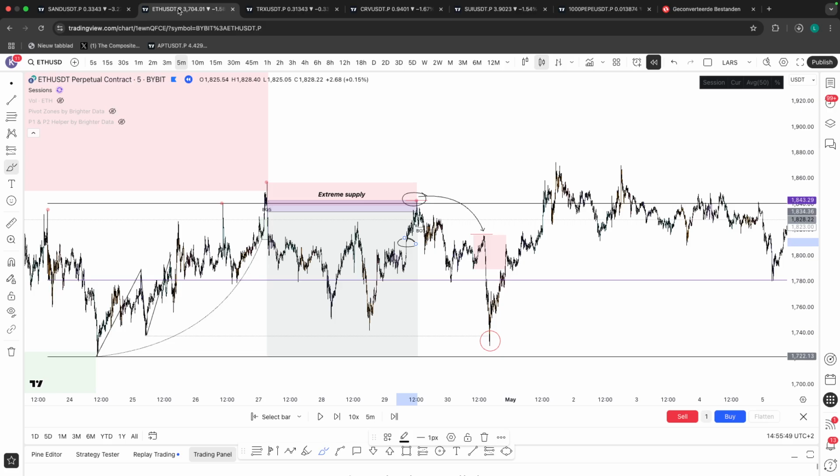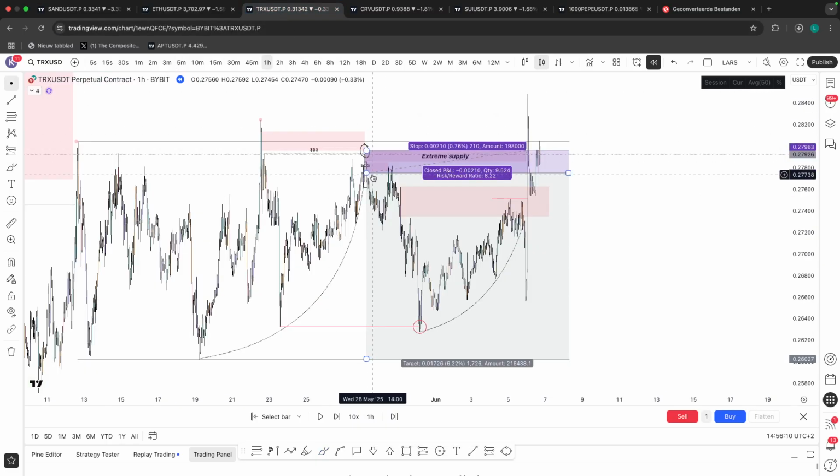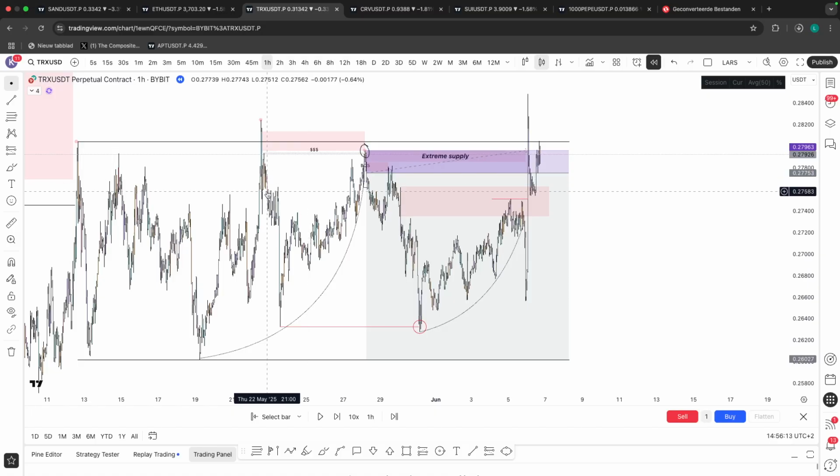So focus on those quality breaker structures where we have given you some tips as well to see when you need to ignore structure demand and when you need to focus on structure demand. And then if that demand is there, you can sometimes have even the tap and go situations where even without breaking the higher time frame market structure low, as we showcased on TRX, you can already enter on the failure of the demand.